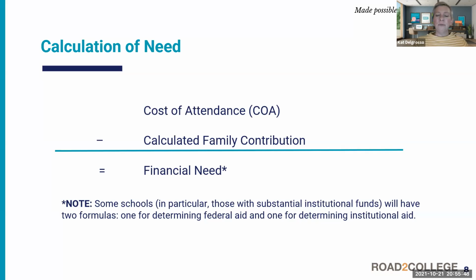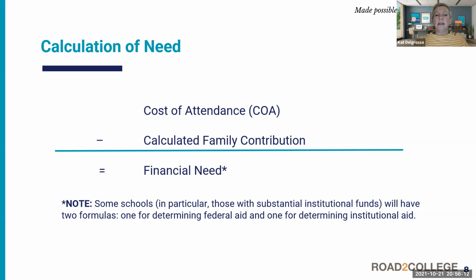But I called it calculated family contribution here, because the schools that use the CSS profile calculate a different number. The FAFSA gives them one number for your EFC, but the CSS profile calculates another.